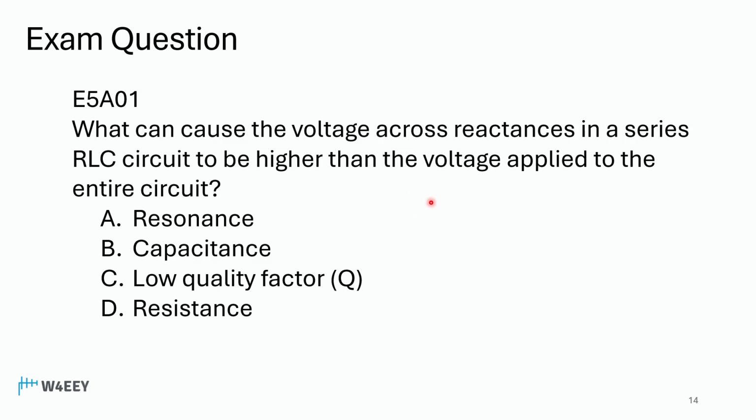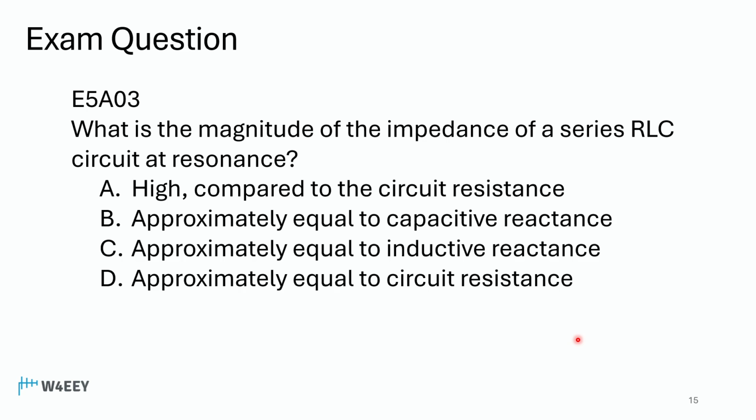So what can cause the voltage across reactances in a series RLC circuit to be higher than the voltage applied to the entire circuit? Alpha. That happens at resonance. Thank you. What is the magnitude of the impedance of a series RLC circuit at resonance?